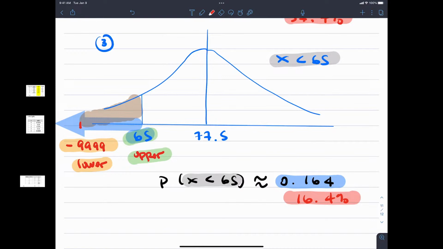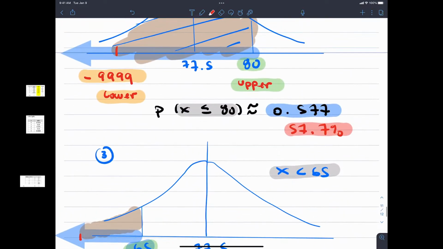So let's go back and think a little bit about what this means. You guys know what it means? That 16.4% of the population live less than, to the age of less than 65, a lifespan that's under 65. Okay, 16.4%.